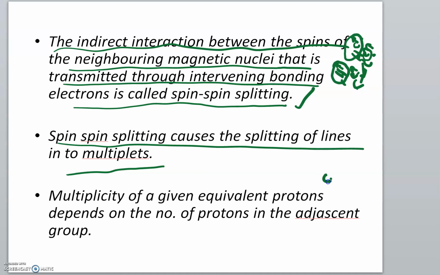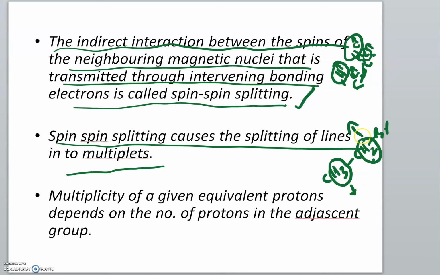If you consider, for example, CH3CH2Br, the line of the CH2 group is affected by this neighboring CH3 group. That is, the line for the CH2 group is split into several lines due to this neighboring CH3 group.